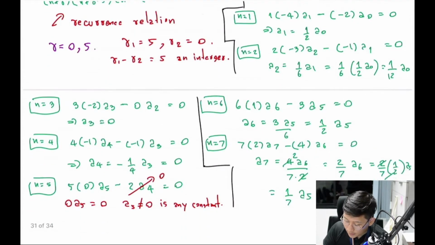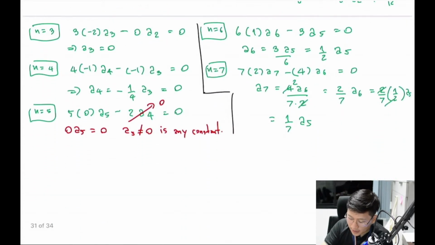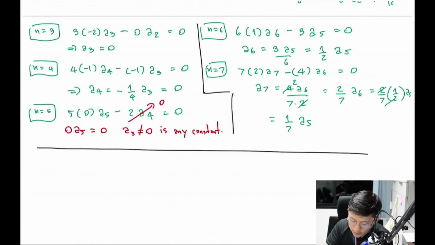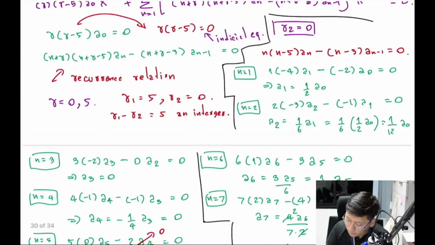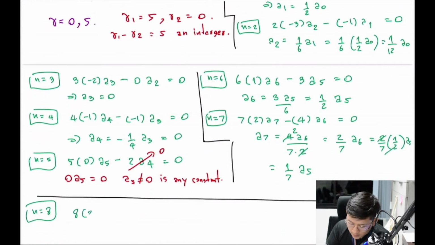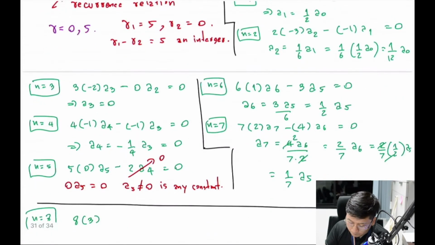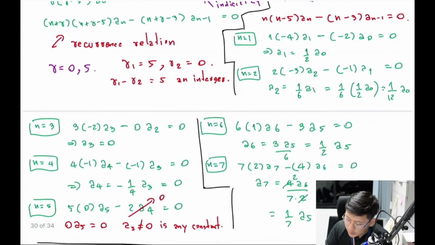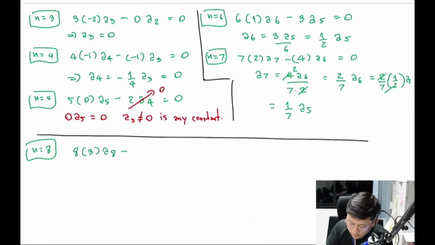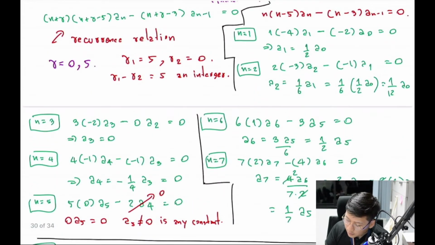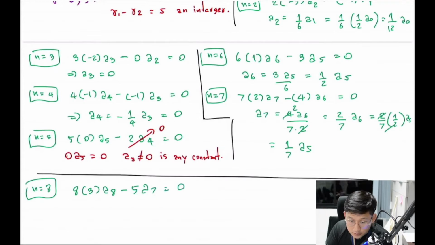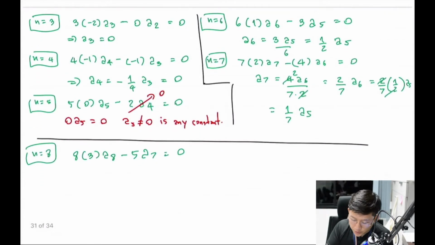And A8, if n is 8, we would get 8 times 3 times A8 minus 5 A7 equals 0, which means that A8 is actually 5 A7 divided by 8 times 3.